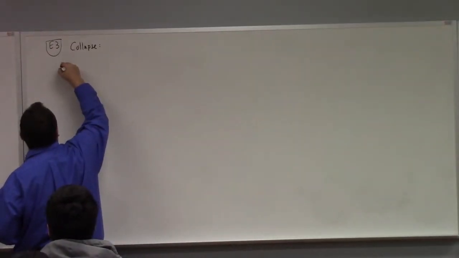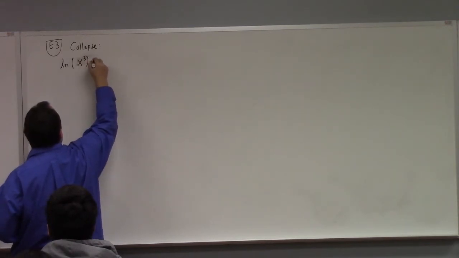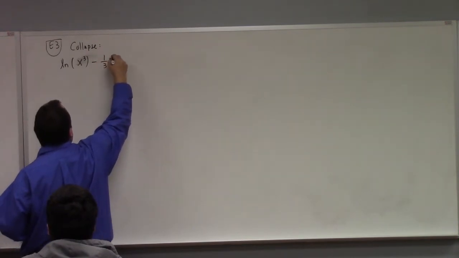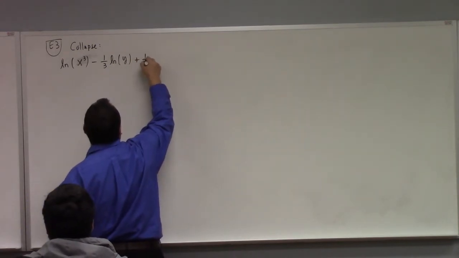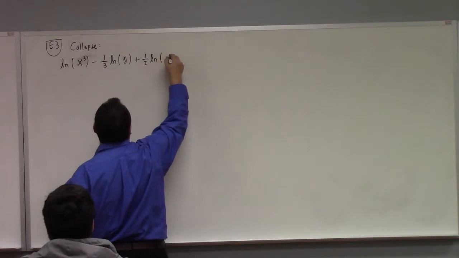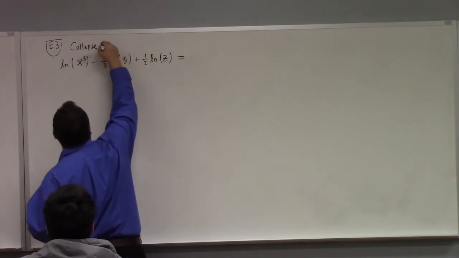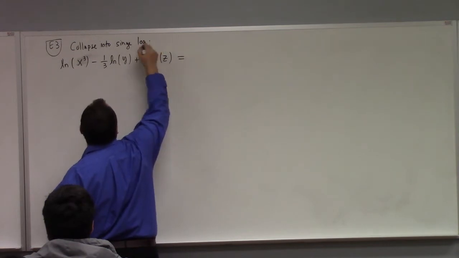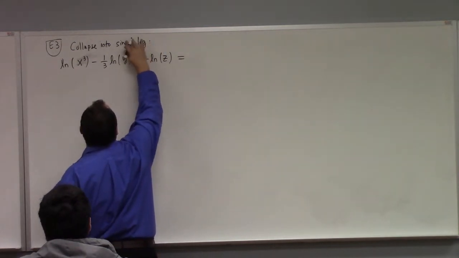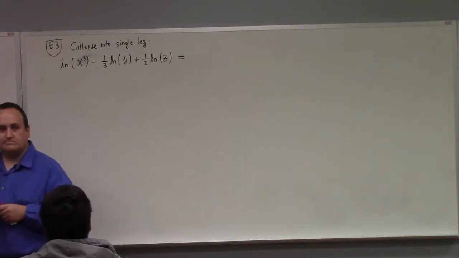If I have, say, natural log of x cubed minus 1/3 natural log of y plus 1/2 natural log of z, and I say collapse, to be more specific, collapse into a single logarithm. That was supposed to be single. It somehow became singe. Single. There we go. How do you do it?